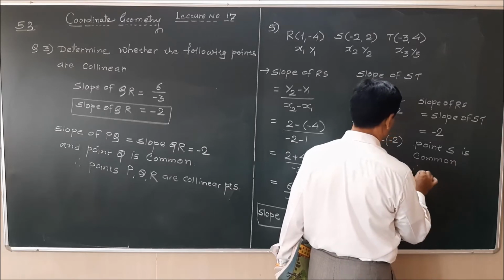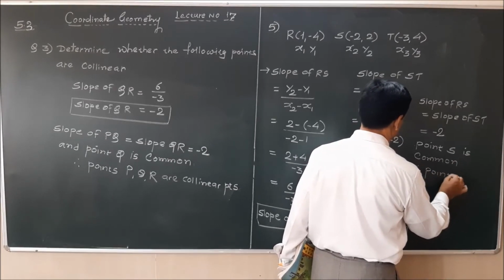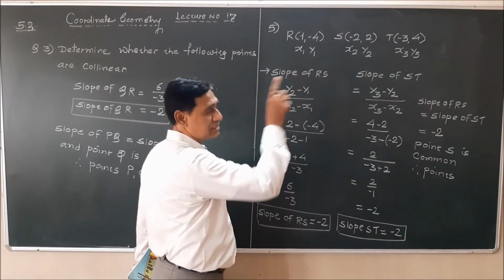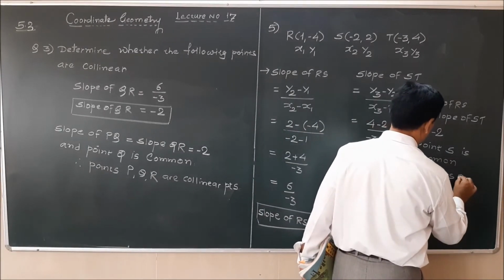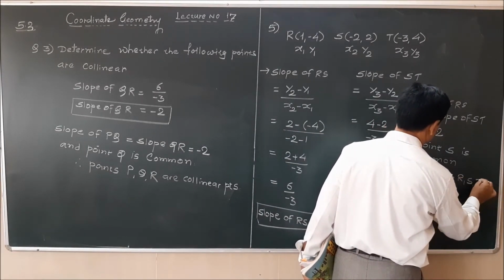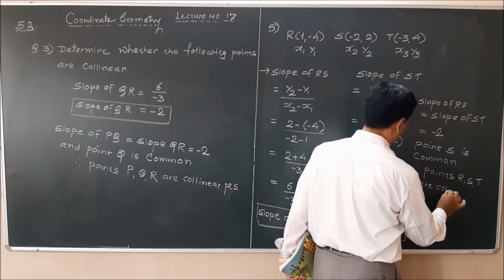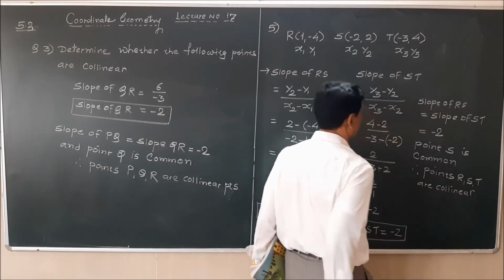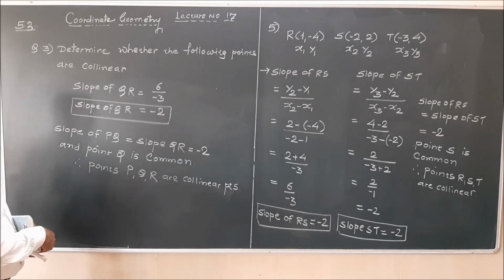Therefore, points R, S, T are collinear points. All sums are of the same type.